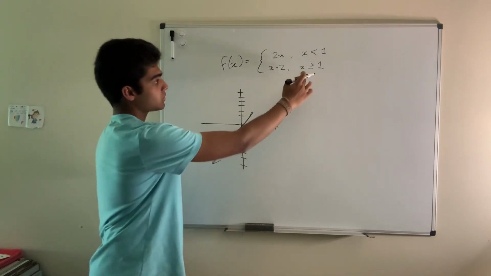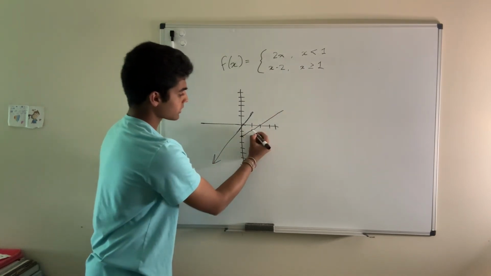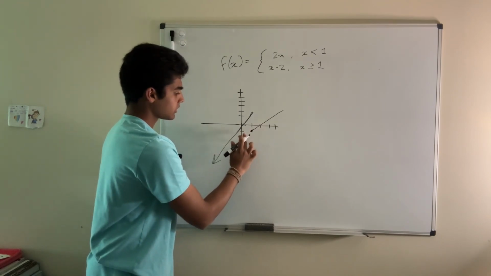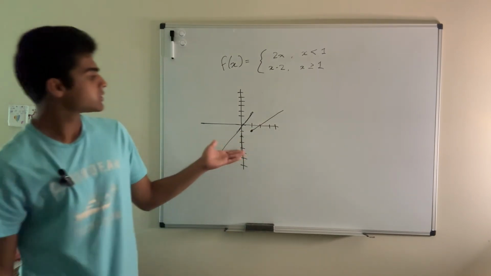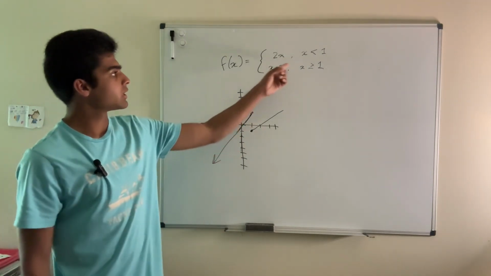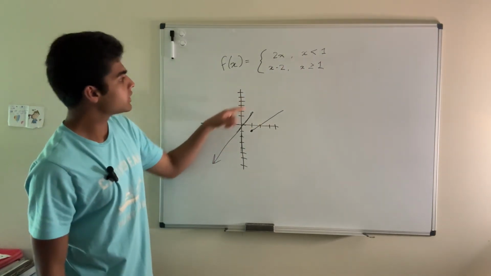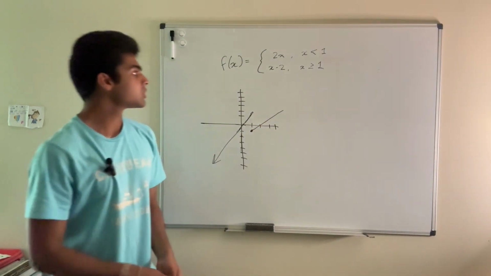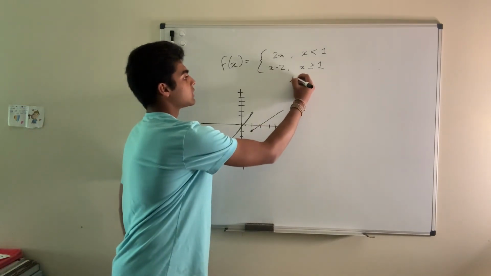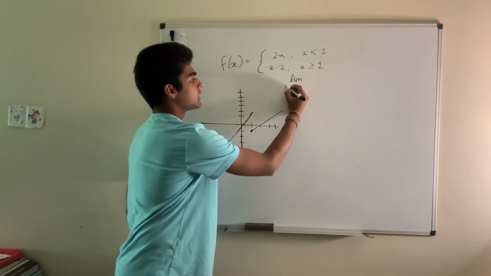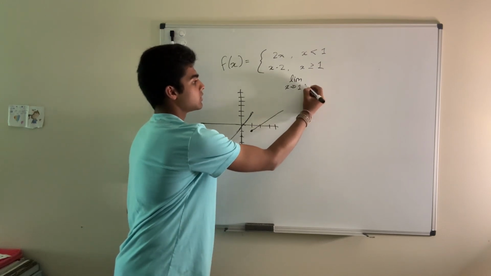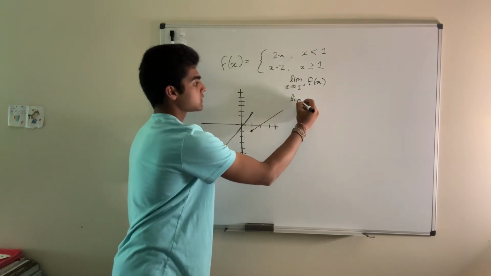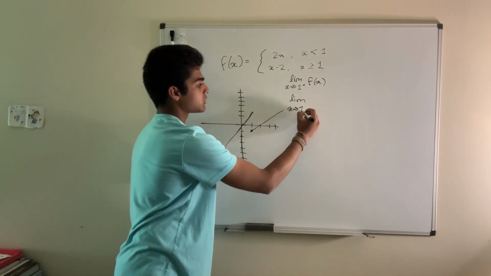We would have a filled-in bubble right here, and then the line like that. So this is what the graph would look like: 2x as x is less than 1, which is right here, and x minus 2 as x is greater than or equal to 1, which is right here. Suppose we wanted to find the limit as x approaches 1 from the positive side, and the limit as x approaches 1 from the negative side.